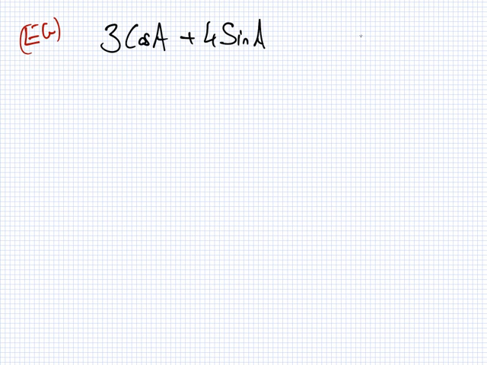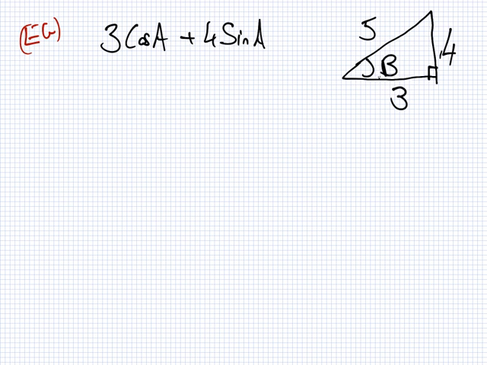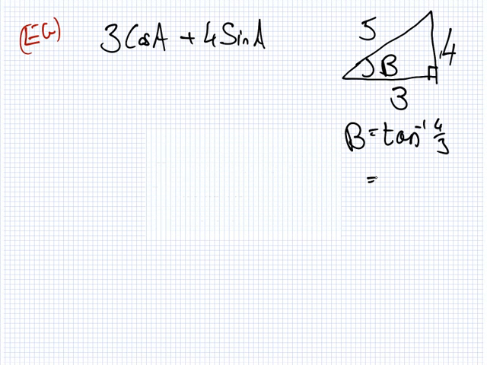So the trick is, if there's a trick to this, you draw a triangle and you call this side 3 and this side 4 and this side 5 and this angle B, and B would be tan inverse 4 over 3, which would be whatever it is.